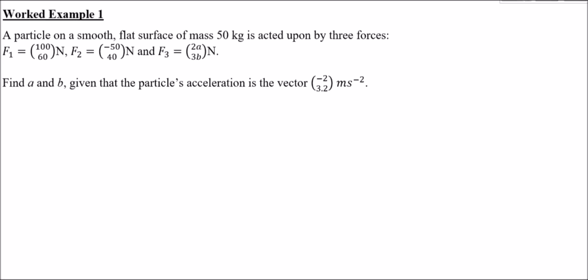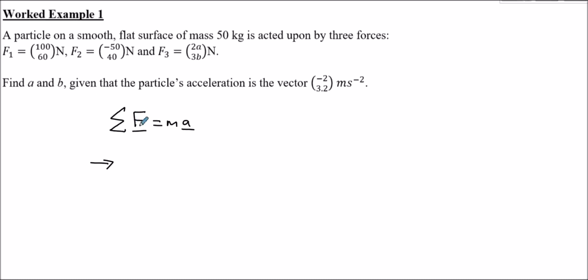First of all, we're told about forces and acceleration and also have a mass. This is going to be a case of doing F equals ma in vector notation. What I could do here is say sigma F, the overall resultant force of all these vectors.